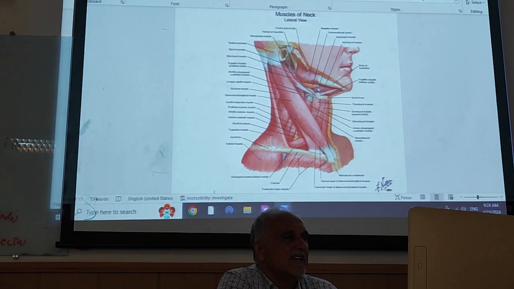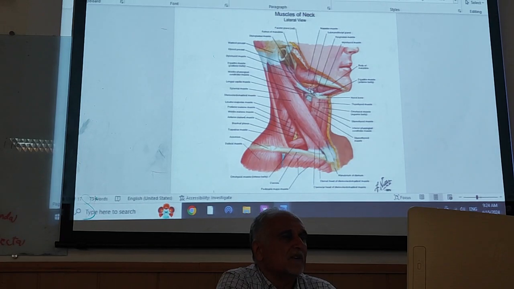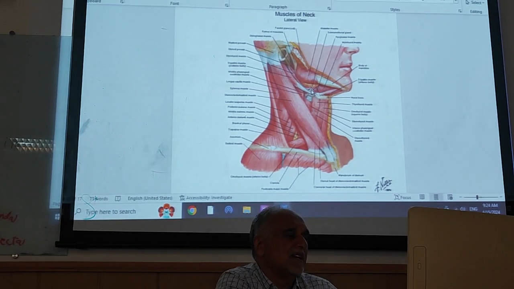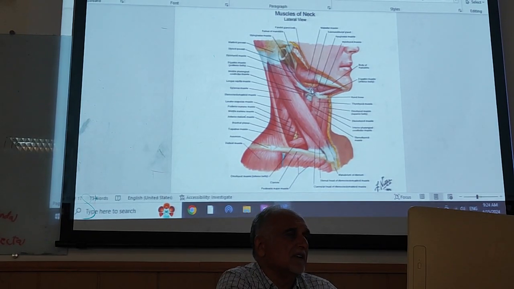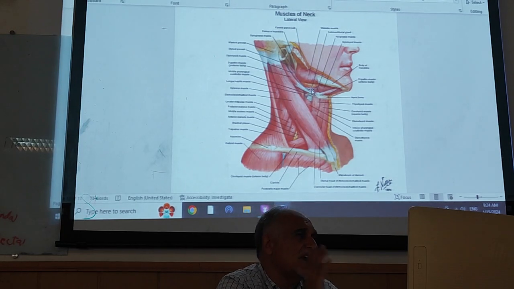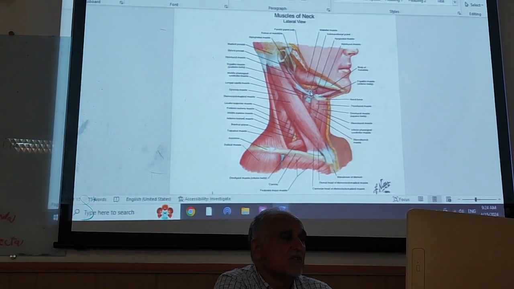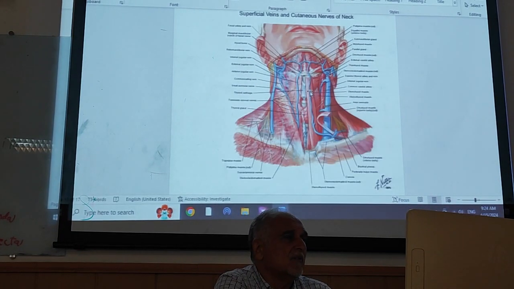And here again we can see the superficial part of the submandibular gland that I mentioned, here below the mandible. Although we have the skin, we can touch this part, but the duct, as I showed you, runs inside the oral cavity.